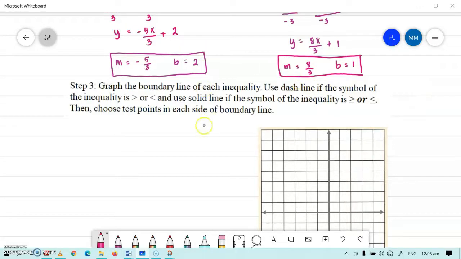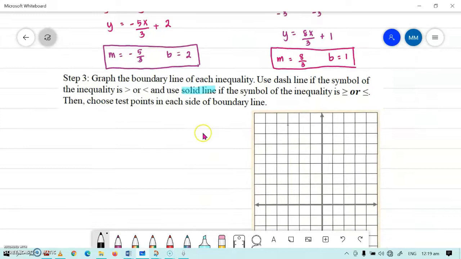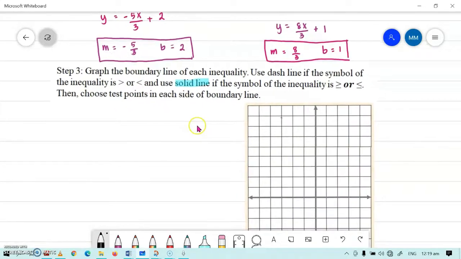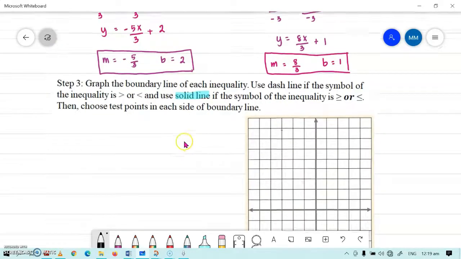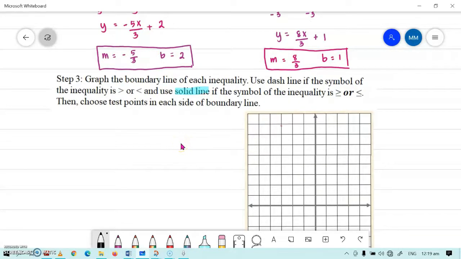Graph the boundary line for each inequality. So graphing the boundary line for the first inequality, which has the slope of negative 5/3 and y-intercept of 2. Let's graph it. Let's start first with the y-intercept, which is 2. So it's here.